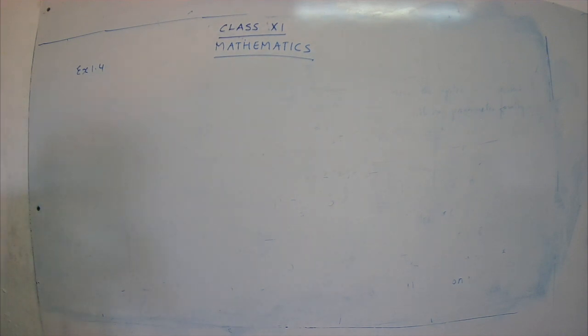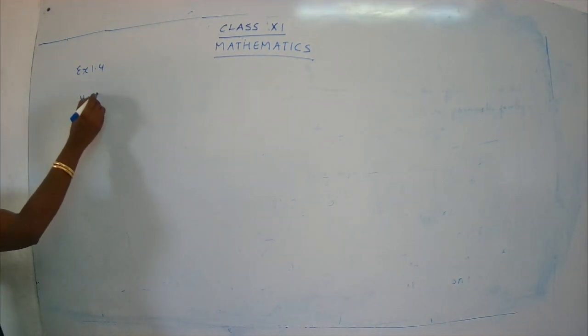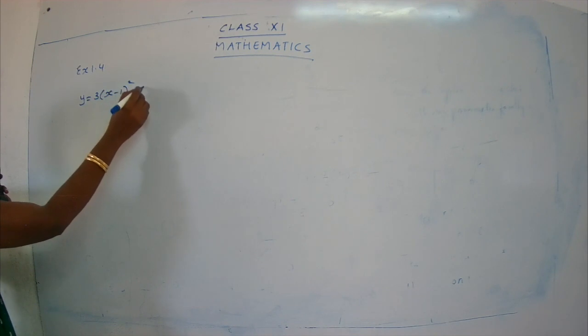Write the steps to obtain the graph of the function y is equal to 3(x minus 1) the whole square plus 5 from the graph y is equal to x square. So you have been given the graph y is equal to x square, and from it you are going to make a new graph, which is y is equal to 3(x minus 1) the whole square plus 5.